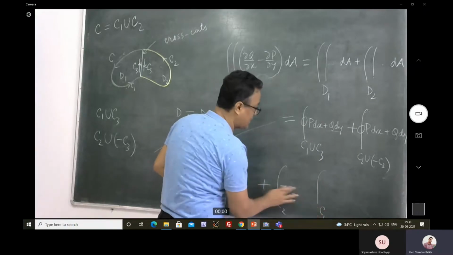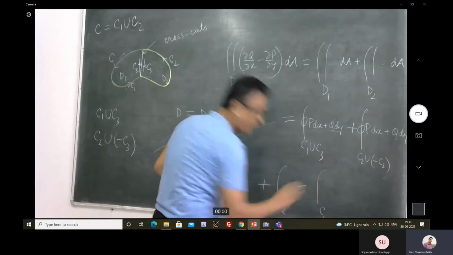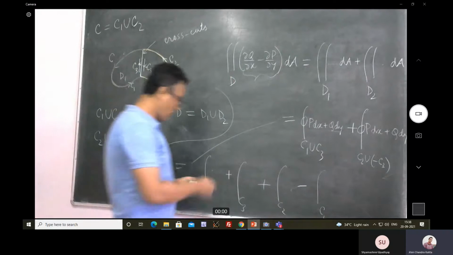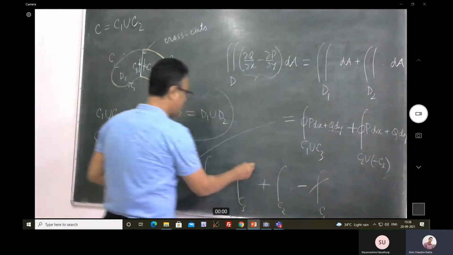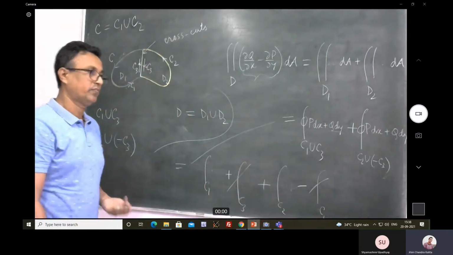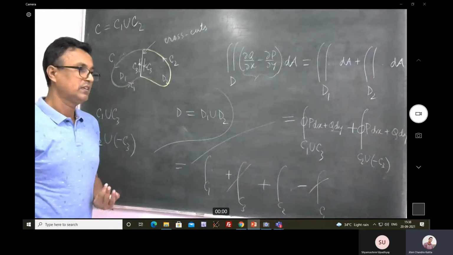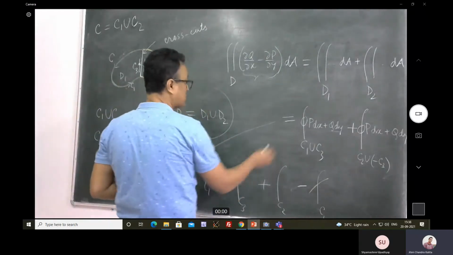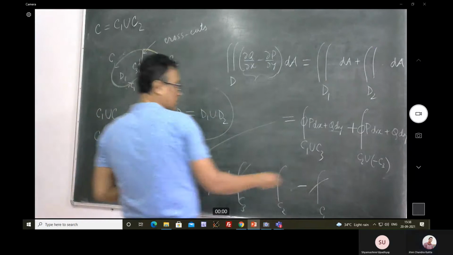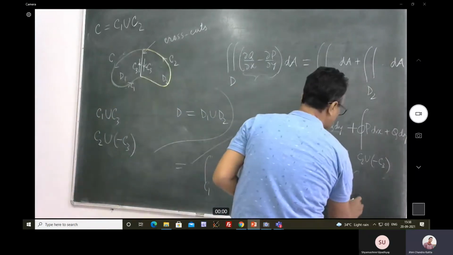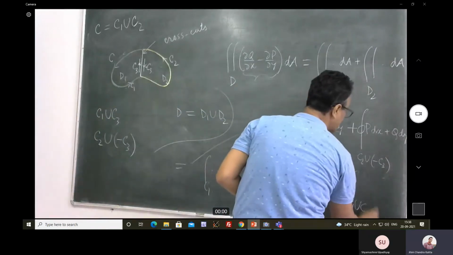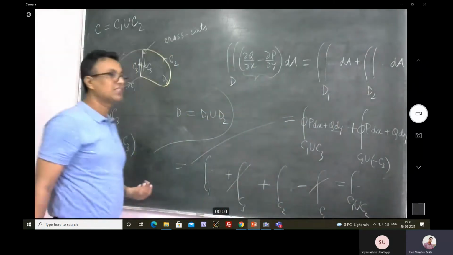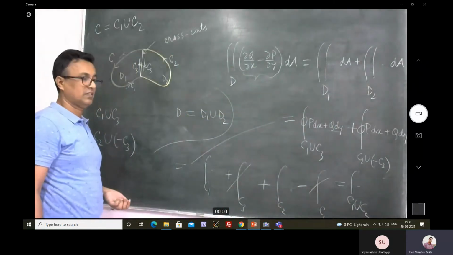But this I can write as minus of this. So this one and this one are going to negate each other. Eventually it is going to become C1 union C2, and C1 union C2 is simply C.